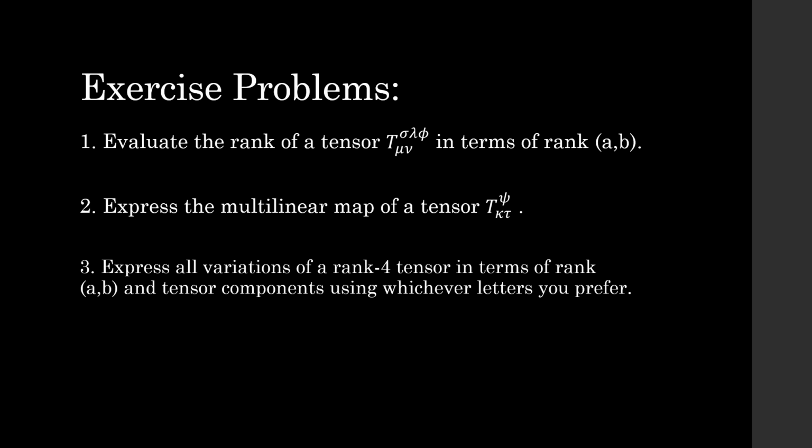Express all variations of a rank 4 tensor in terms of rank AB and tensor components using whichever letters you prefer. So it doesn't matter if you use mu, nu, a, b, psi, sigma, lambda, it doesn't matter. Number 4, maybe sort of a bonus, but it's actually a lot simpler than it looks. Evaluate the following. We have the star of the quantity V star. So we have the dual space of the dual space. What kind of space do you think that leads back to?